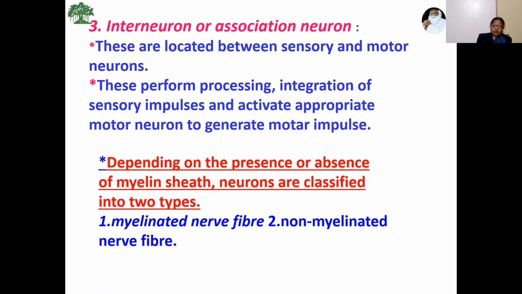Depending upon the presence or absence of myelin sheath, neurons are classified into two types: number one, myelinated nerve fiber, and second, non-myelinated nerve fiber.